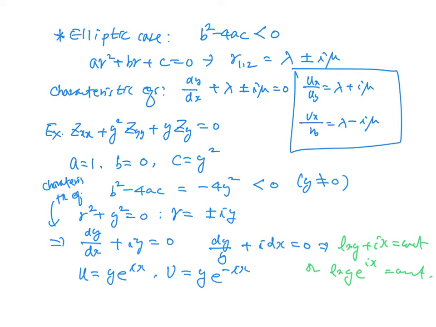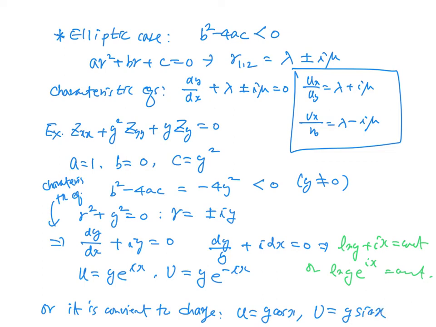Or it is convenient to change to u as y cosine x, v as y sine x. It's the same, right?